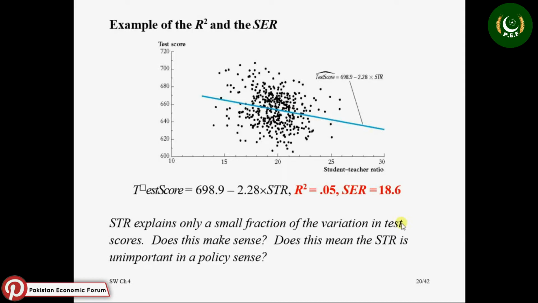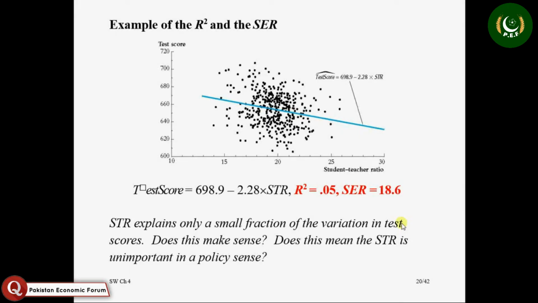Okay, so what does that mean? Is it a bad fit, or is student-teacher ratio an irrelevant variable here? The answer is no, because there may be other variables in the model which also play a role along with class size. I would like to point out here that R-square is not a criterion for a good or bad model.